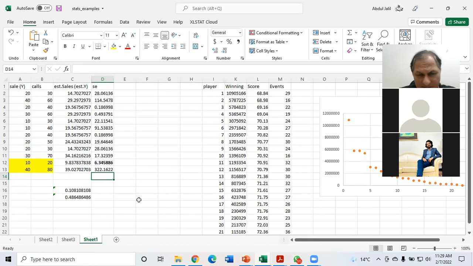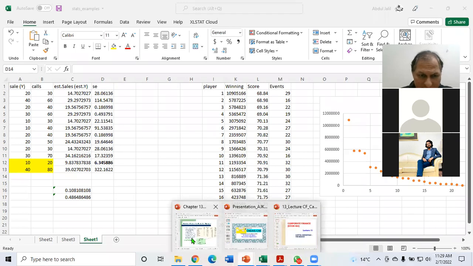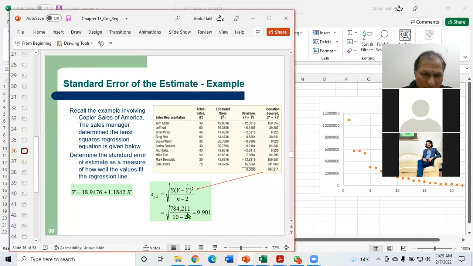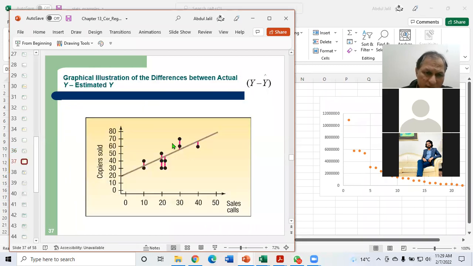Okay, in the second case, we are moving ahead. First, you have calculated this standard error of estimate and you got this value. And then you are going to observe what the actual purpose of the standard error of estimate is. It shows how much deviation each data value, each original value, has with respect to the average line of fit.